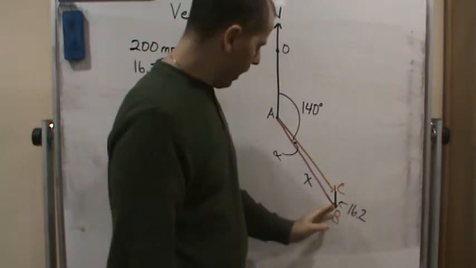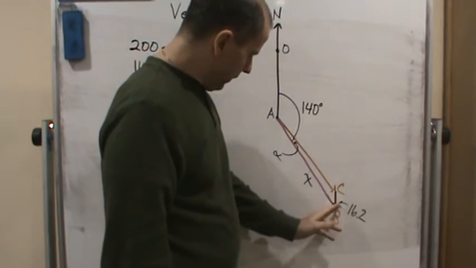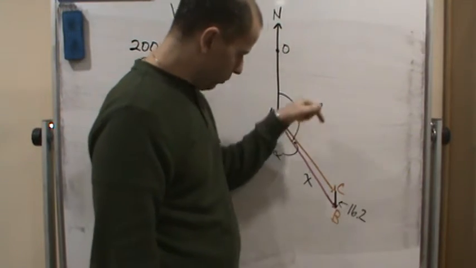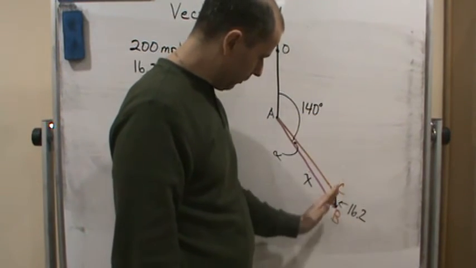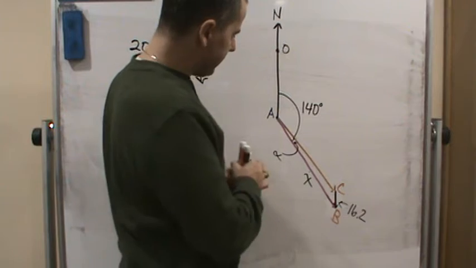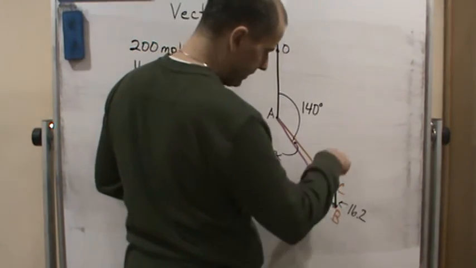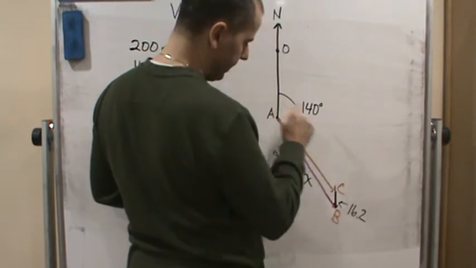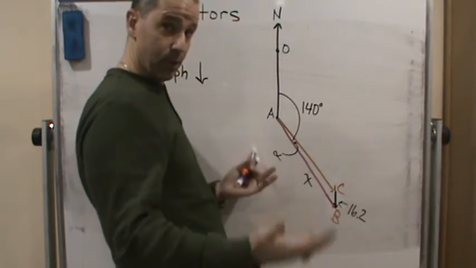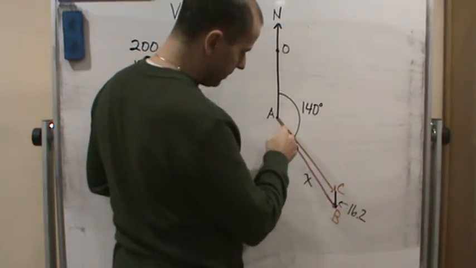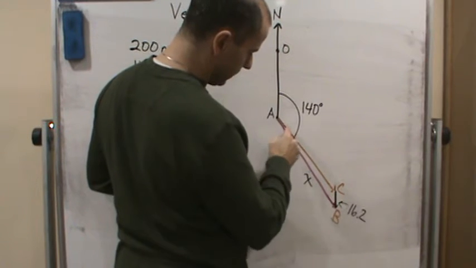Now, because the wind is going due south, this angle here is 140 degrees from north, and since this is going south, this line and this line are both vertical lines and they're parallel. And then we've got this line that intersects.